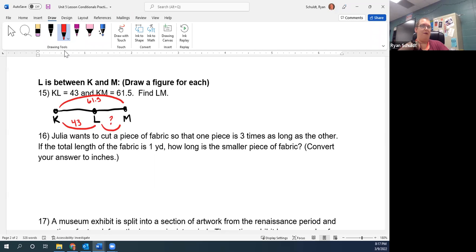How can I figure out what LM is equal to? We'll subtract. I know the whole, I know a part. Let's subtract. 61.5 minus 43. Let's see, that's going to be 0.5. 11 minus 3 is 8. 18.5. So LM equals 18.5.